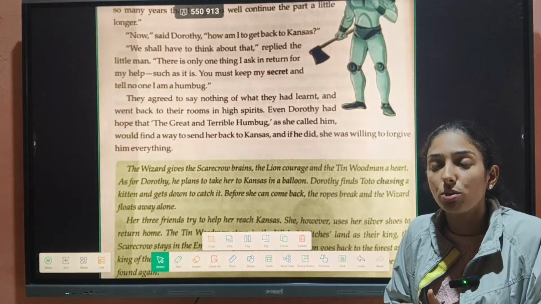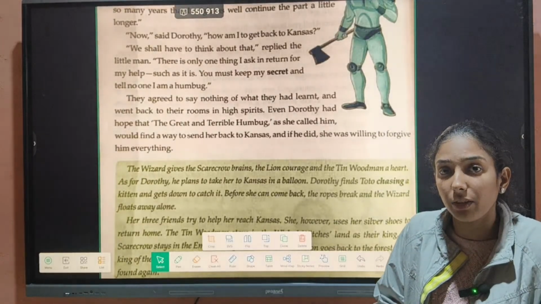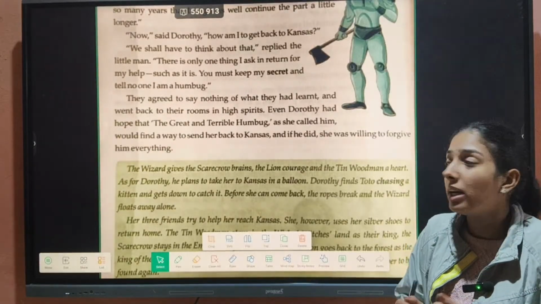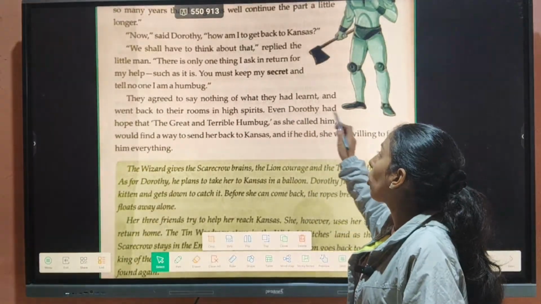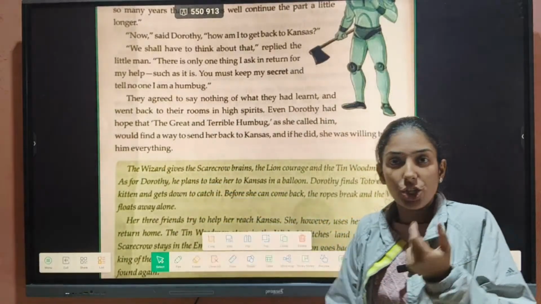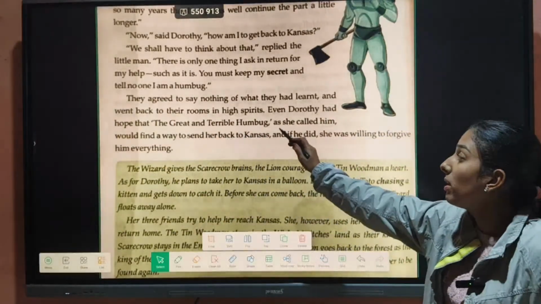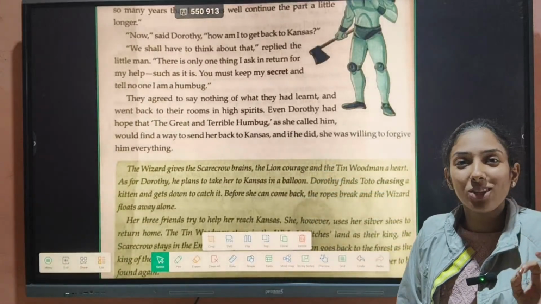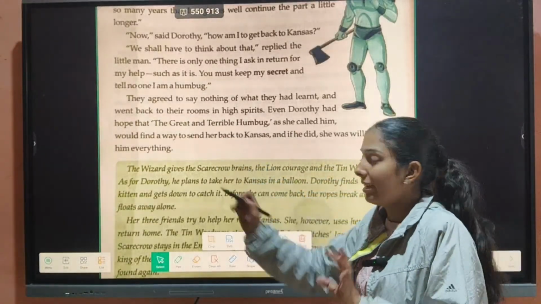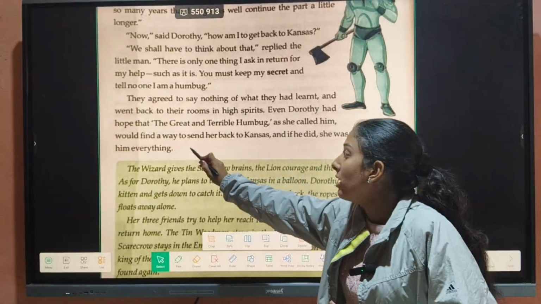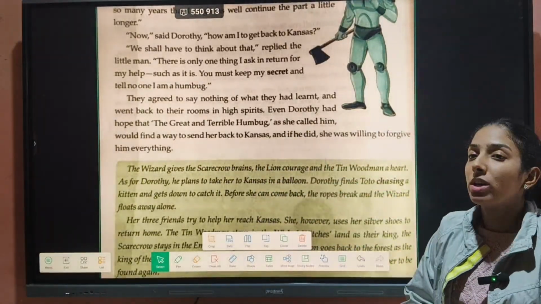They promised Oz that they will not share this secret with anyone, and they went back to their rooms in great happiness. Even Dorothy had hope. She had a hope, beta, that the great and terrible humbug, she called Oz the great and terrible humbug, would find a way to send her back to Kansas.